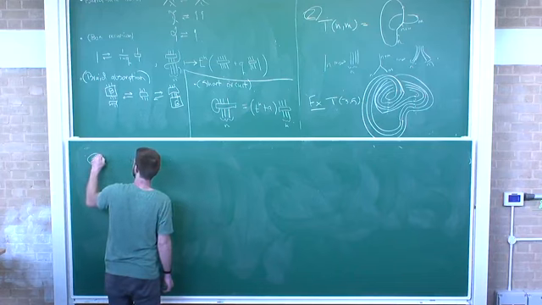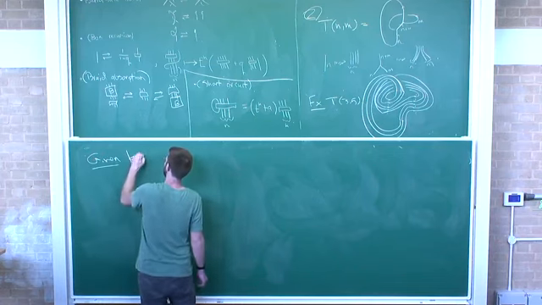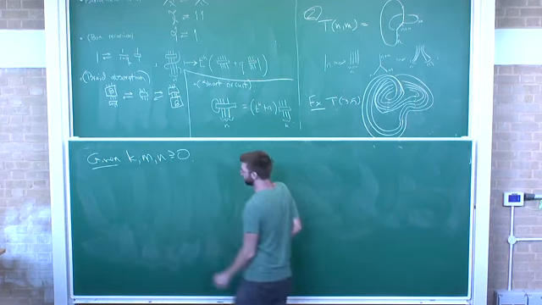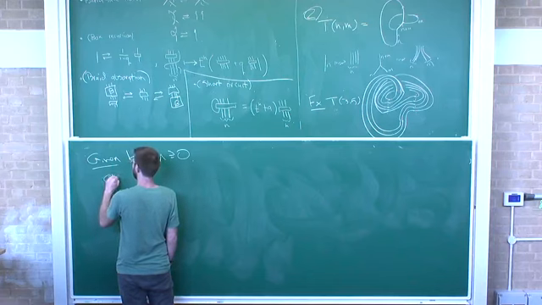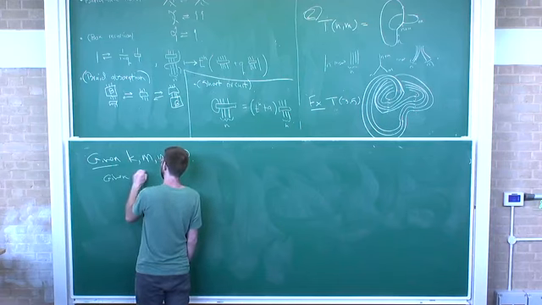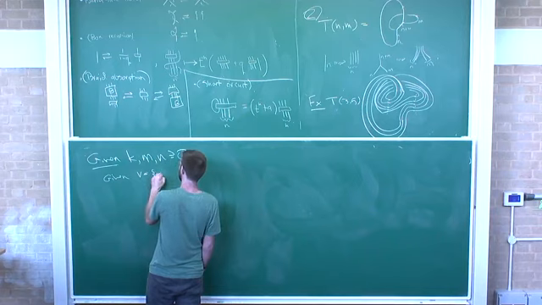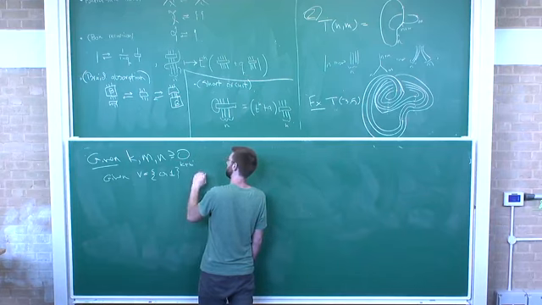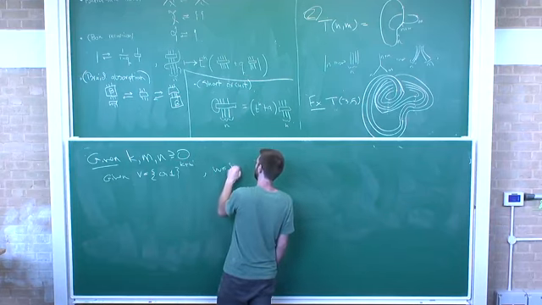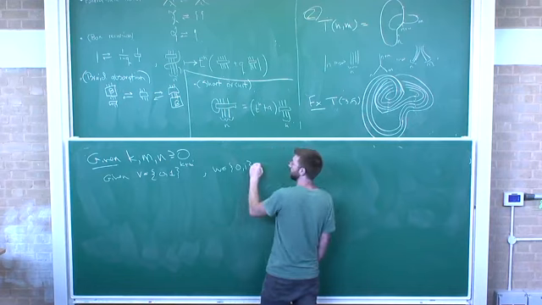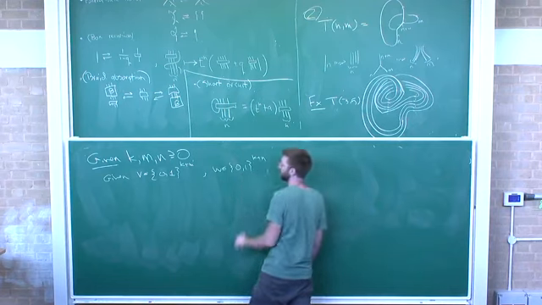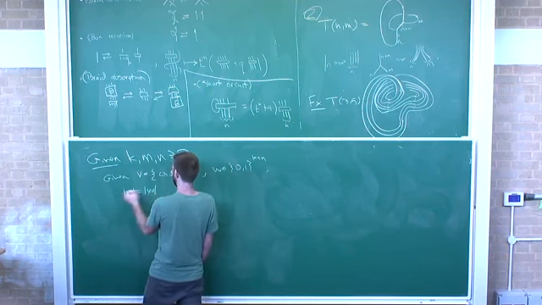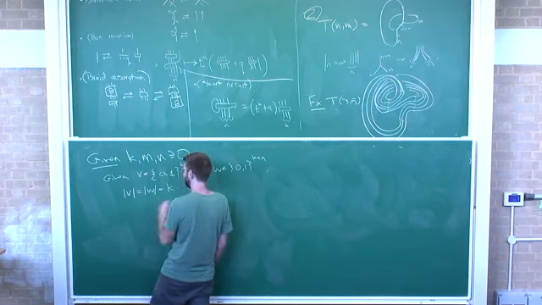So suppose we're given integers k, m, and n, and we're also given v, which will be a sequence of zeros and ones of length k plus m, and w, which is a sequence of zeros and ones of length k plus n, where v and w have the same number of ones.